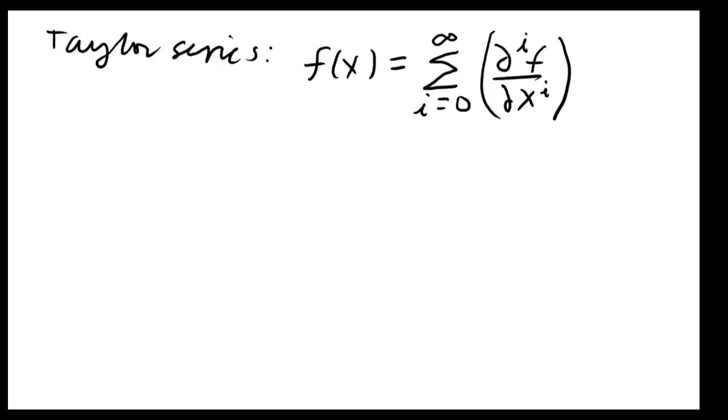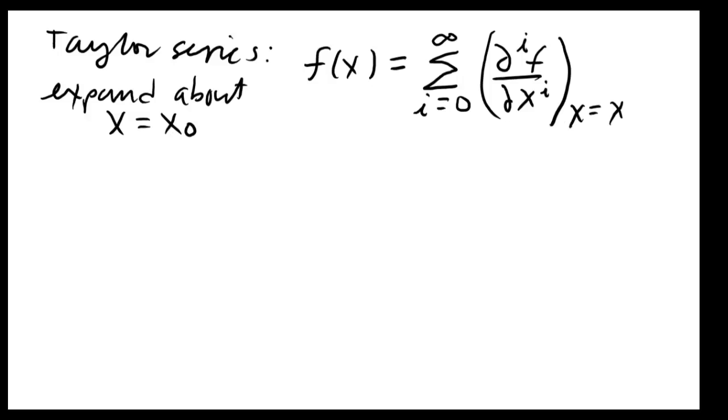And we're going to expand about a particular point, say x equal x0. So we evaluate this derivative at x equal x0, and this then is multiplied by x minus x0 raised to the ith power divided by i factorial. There is the Taylor series. Taylor series expansion is our friend.